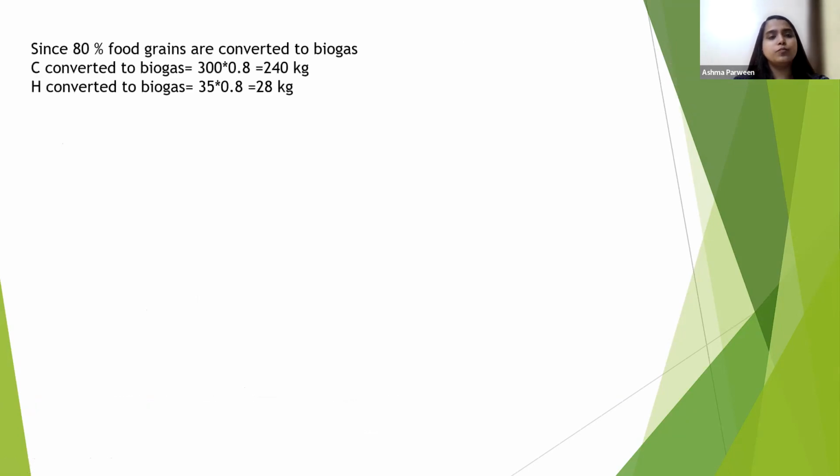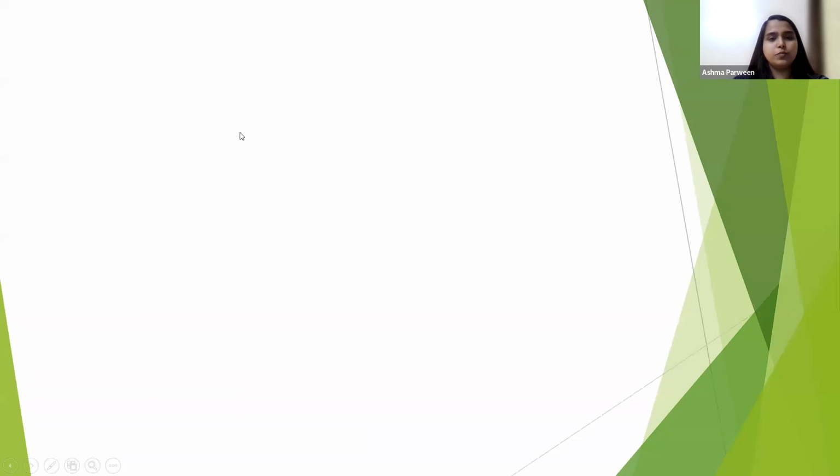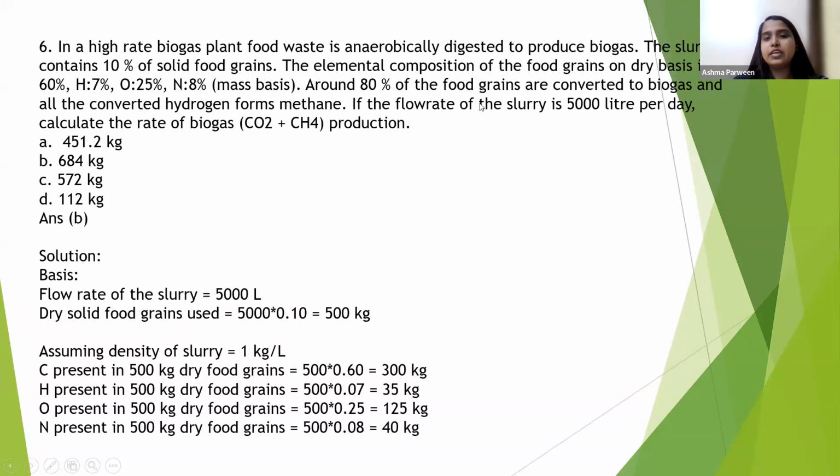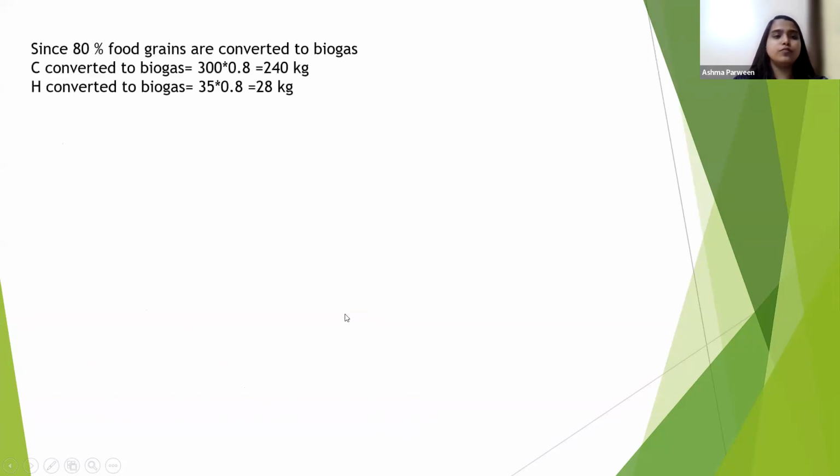So next, in the question it is given that around 80% of the food grains are converted to biogas, and biogas is a mixture of CO2 and methane.